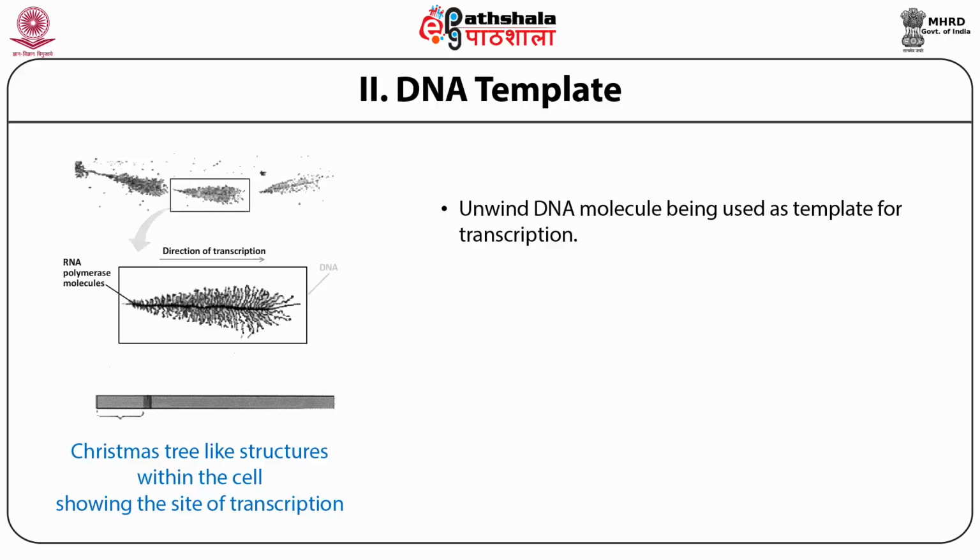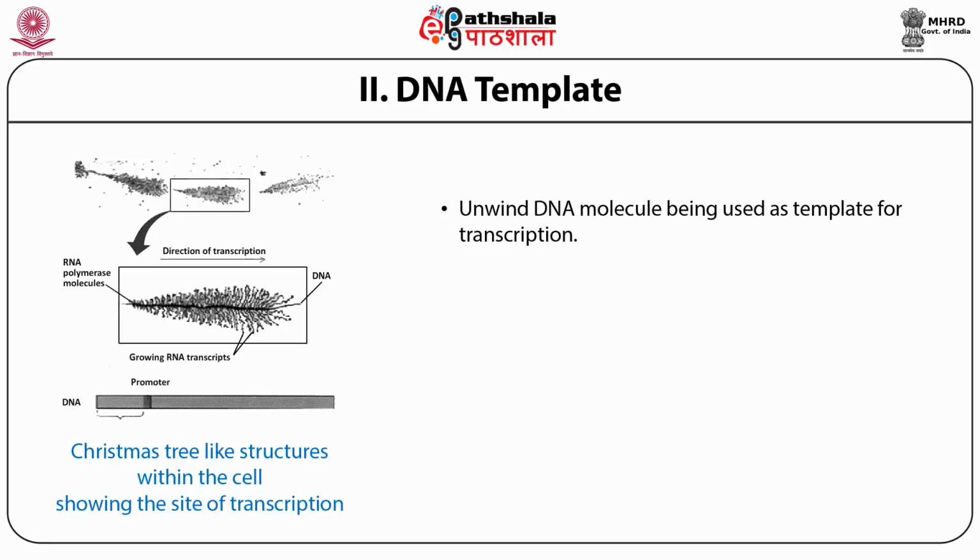Electron microscopic studies of internal cellular contents revealed the presence of Christmas tree-like structures: thin central fibers, the trunk of the tree, to which were attached strings, the branches, with granules.